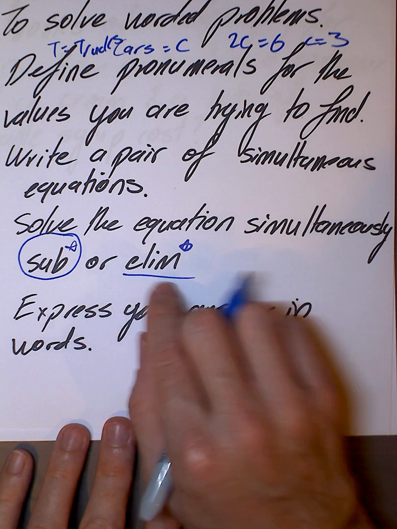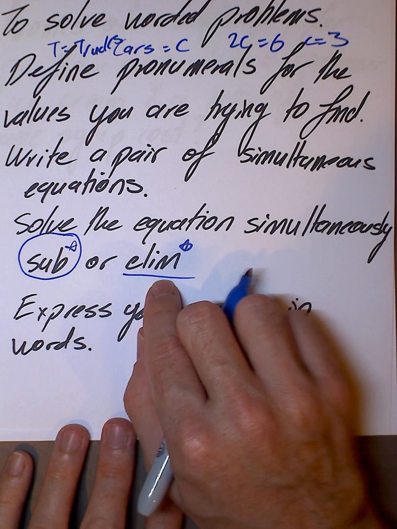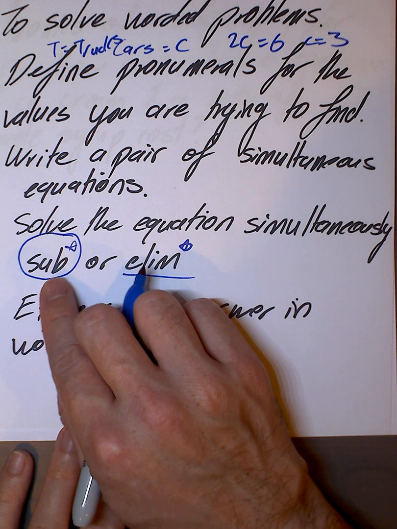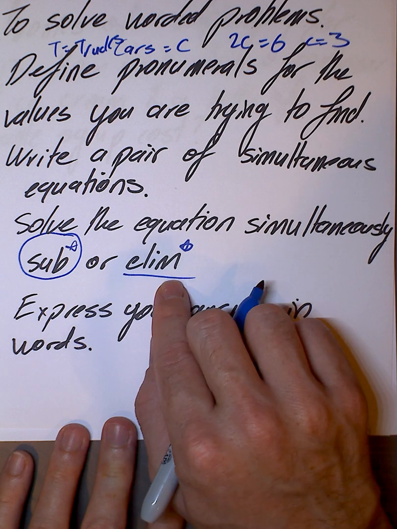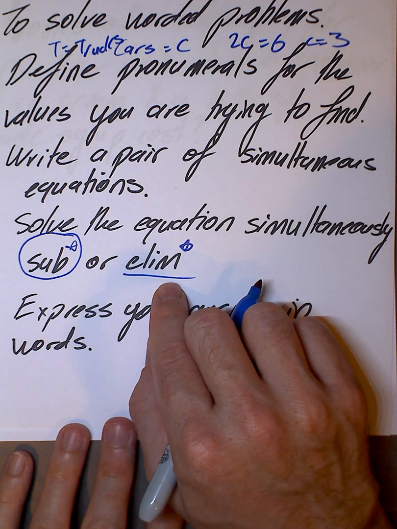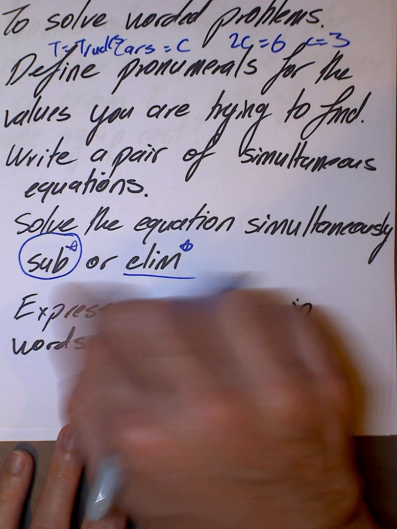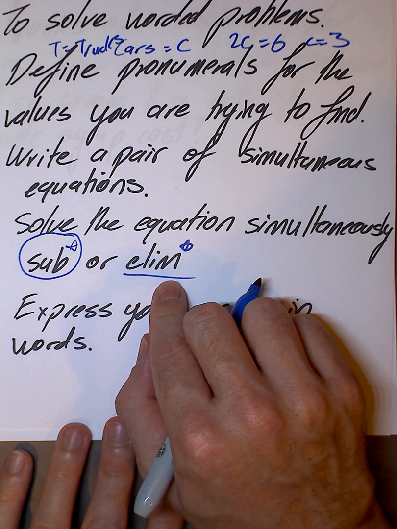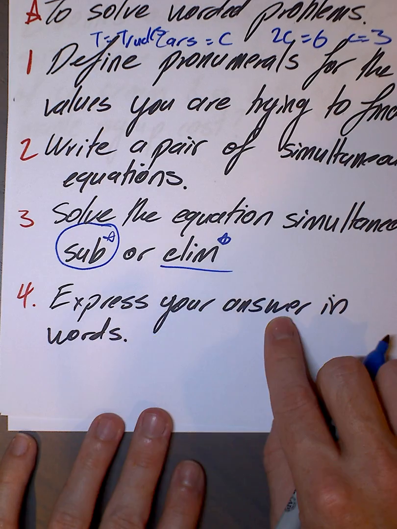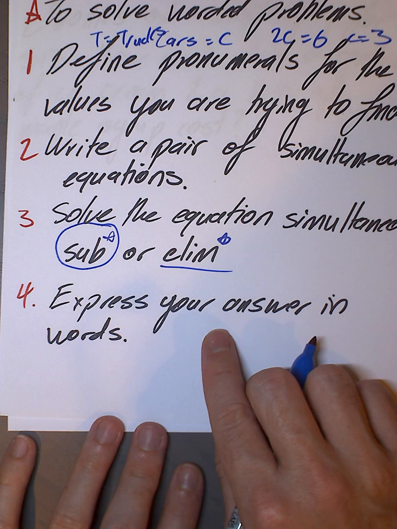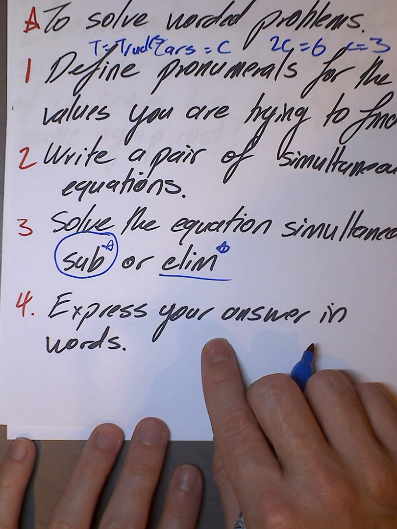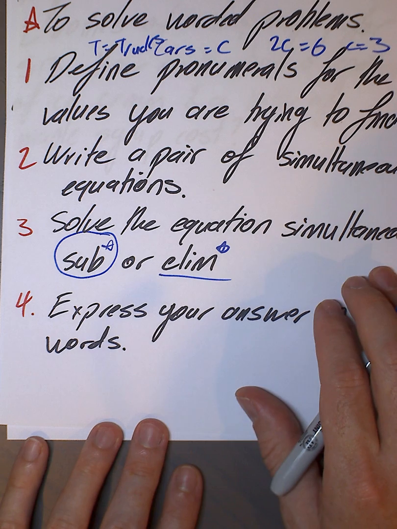So don't feel bad that you're not used to elimination. When I was your age, I always preferred substitution, but the older I got, the more I preferred elimination. Hopefully you can use either, but I find elimination much more efficient if you know what you're doing. And lastly, you have to express your answer in words. If you're given a worded question, you must answer in a sentence to some degree.